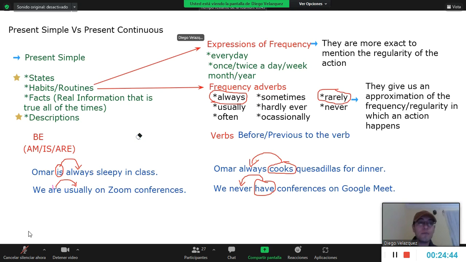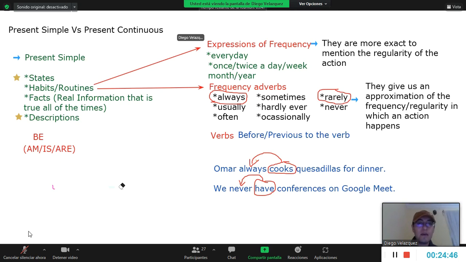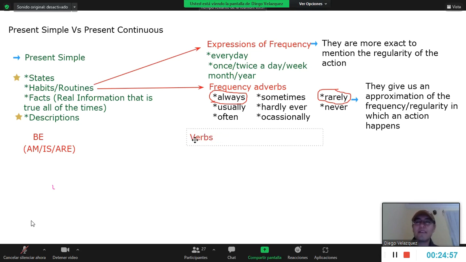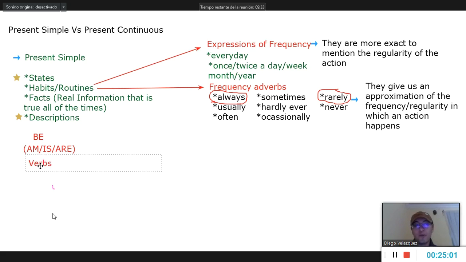Now, just try to remember that in this case, when we speak of expressions of frequency, guys, it could be in the case of the verb to be or in the case of the rest of the verbs. Okay, in these two cases, guys, the expressions of frequency work exactly in the same part of the sentence.